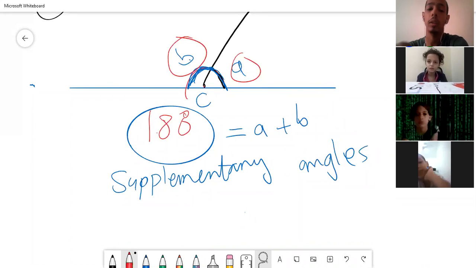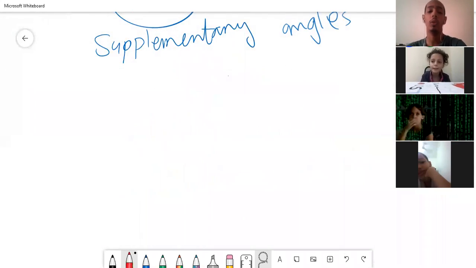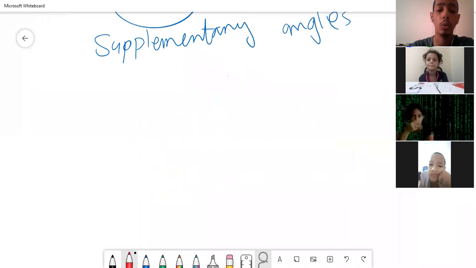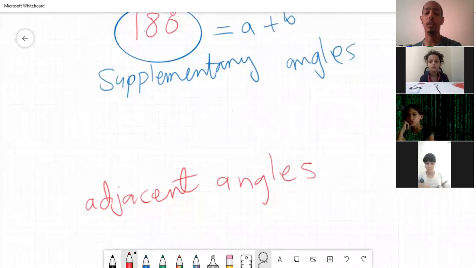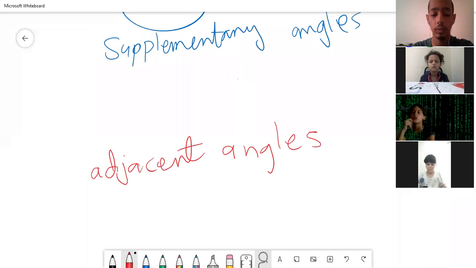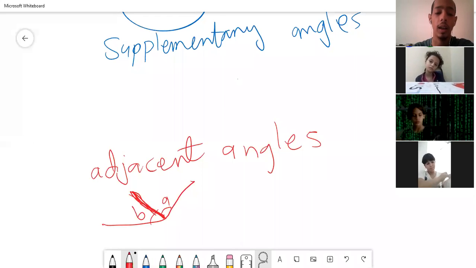We have also talked about adjacent angles. What are the adjacent angles? Adjacent angles are two angles, like this, A and B. They share a side, the same side, and they have a common point.